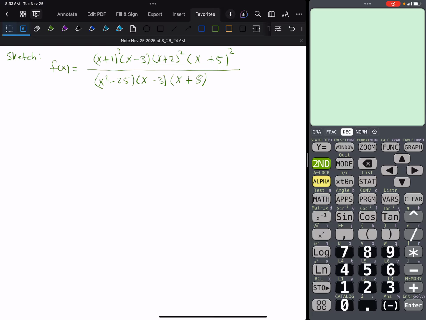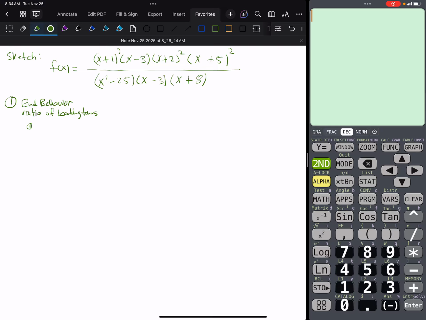Now, those tools, it's a 4-step process, right? And it doesn't matter the order of these steps. We just need to find 4 things. We need to find end behavior. And that comes from the ratio of the leading terms, right? We're going to be examining the ratio of leading terms.